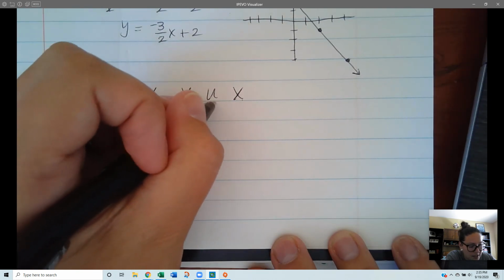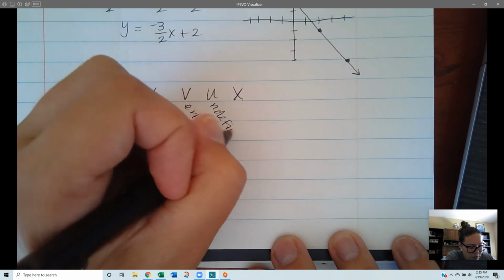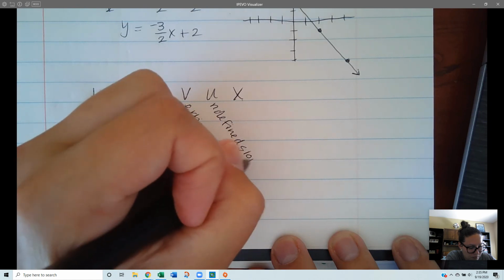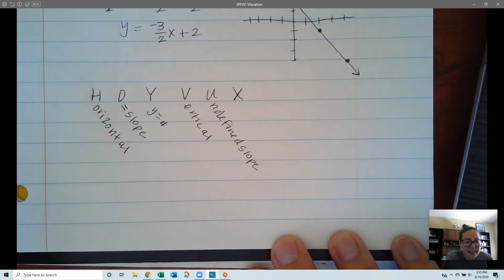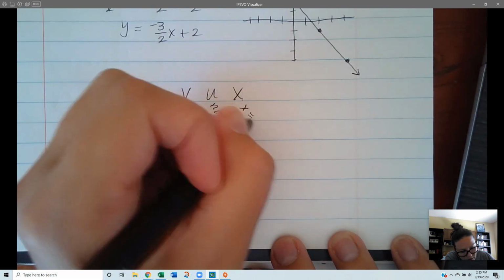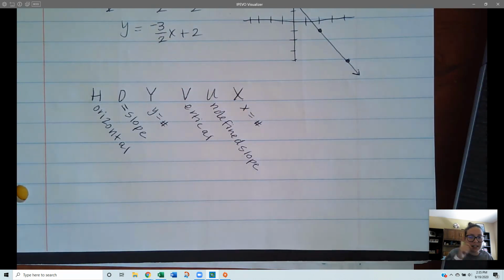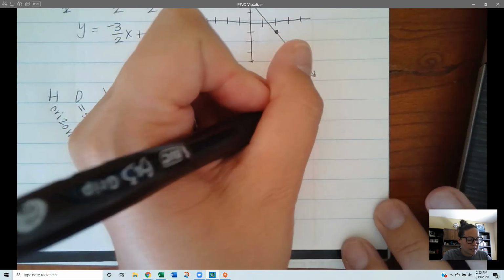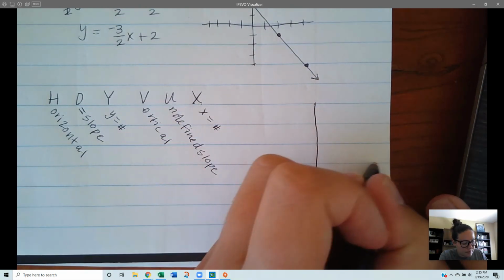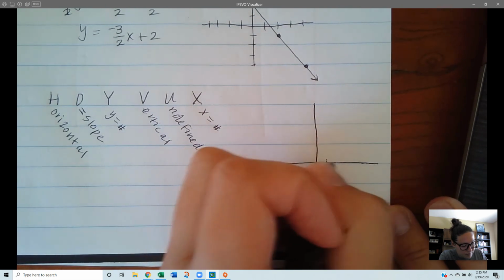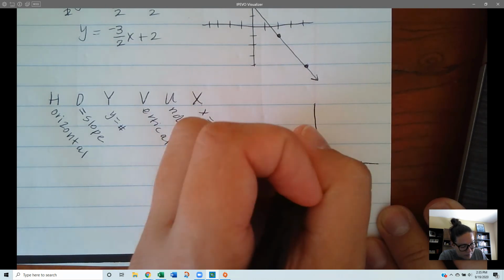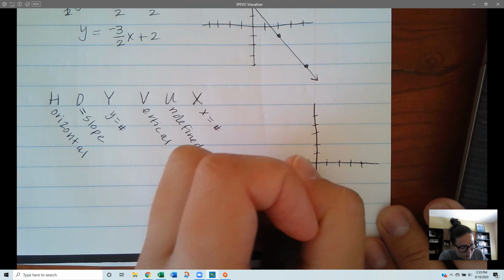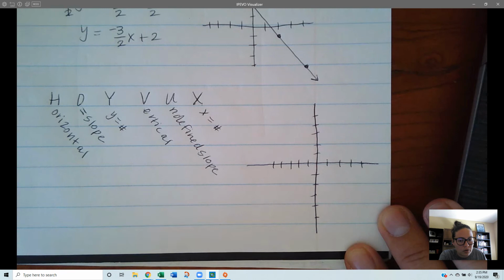So, for example, let's say I'm told to graph y equals 2. y equals 2 is y equals a number. That tells me it's going to be a horizontal line.